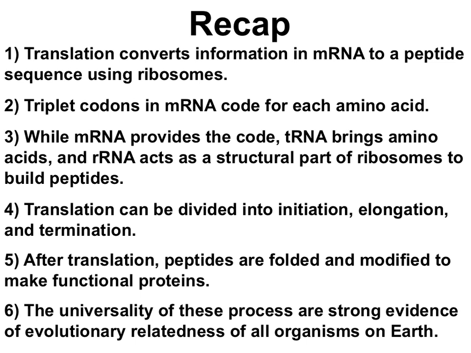We divided translation into 3 phases to understand what's going on in those phases, and then talked about how translation makes kind of pre-proteins that still need to be folded and modified to become fully functional proteins. And last of all, we connected this to evolution by talking about the fact that the universality of the nucleotide building blocks and the amino acid building blocks, as well as the universality of the machinery that's used to make all of these things, is really strong evidence to say that everything on Earth has derived from a universal common ancestor.